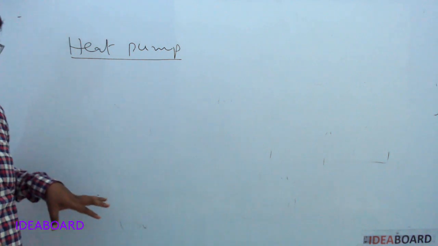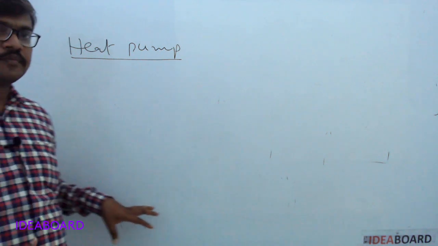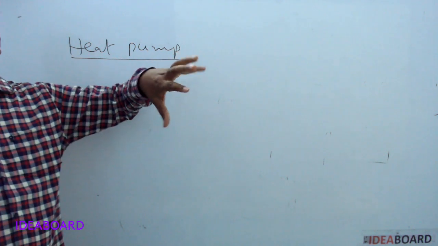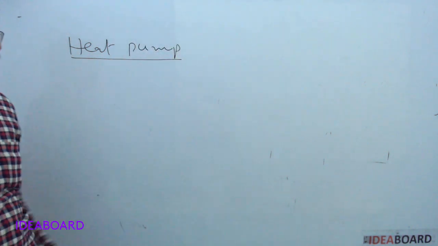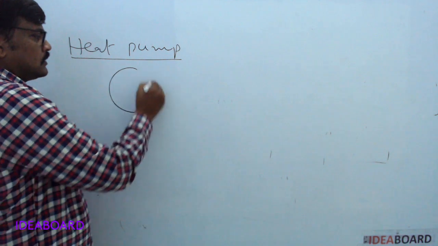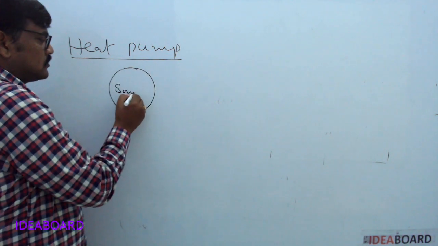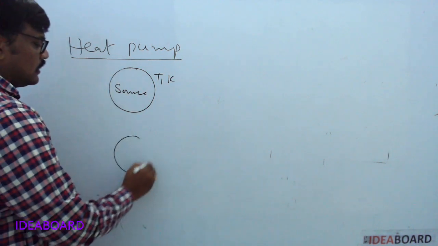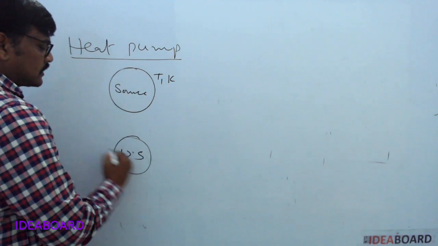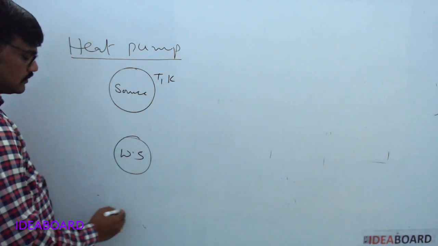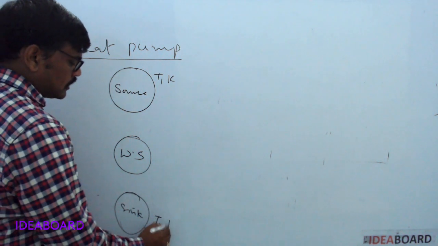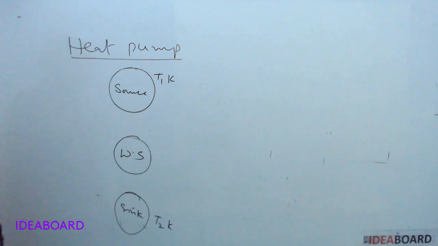Means energy is drawn from low temperature and transferred to high temperature by means of some external work. The source is at high temperature T1 Kelvin, then the working substance, and the third one is the sink. The sink is always at low temperature.